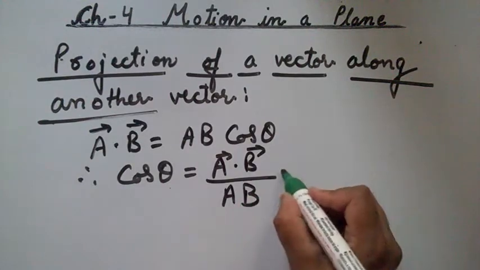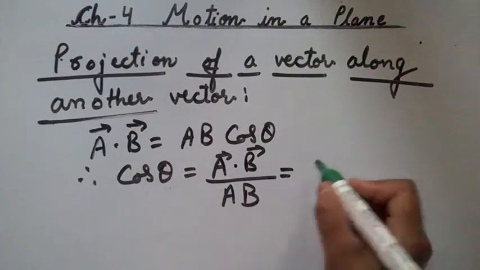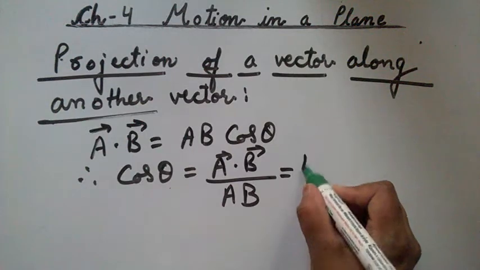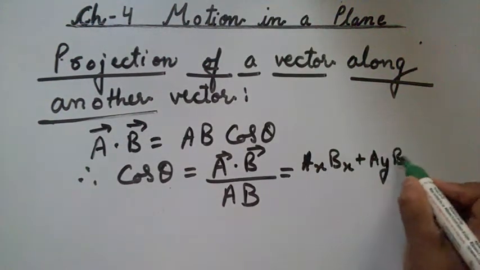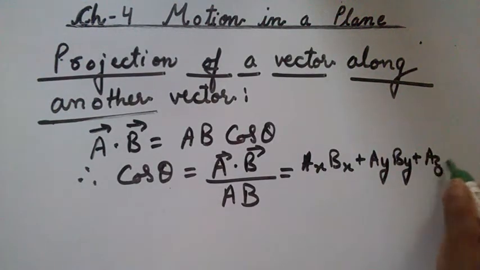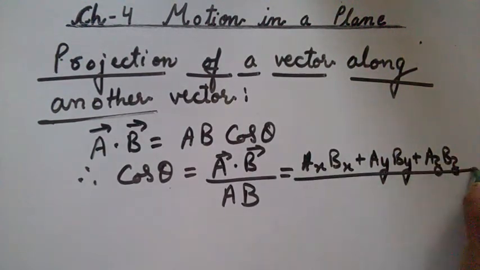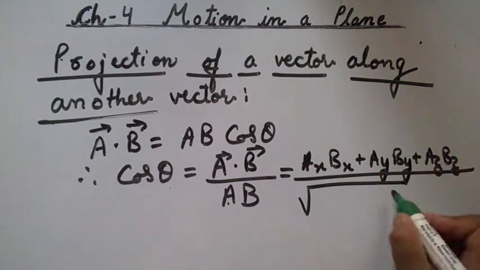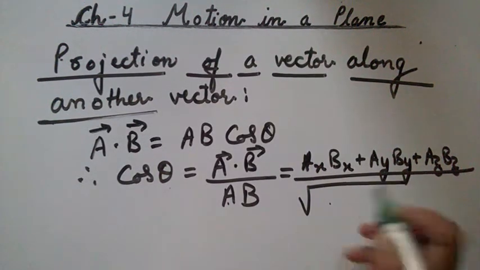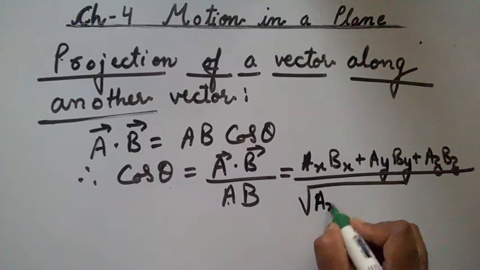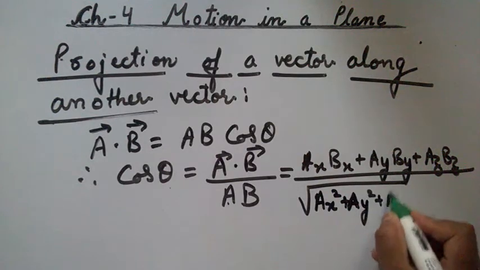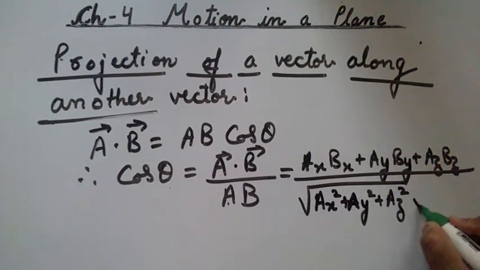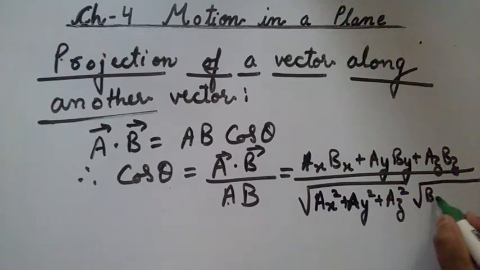Or we can write A vector dot B vector in its component form, that is Ax Bx plus Ay By plus Az Bz, and magnitude of A into magnitude of B, which is equal to square root of Ax square plus Ay square plus Az square into square root of Bx square plus By square plus Bz square.